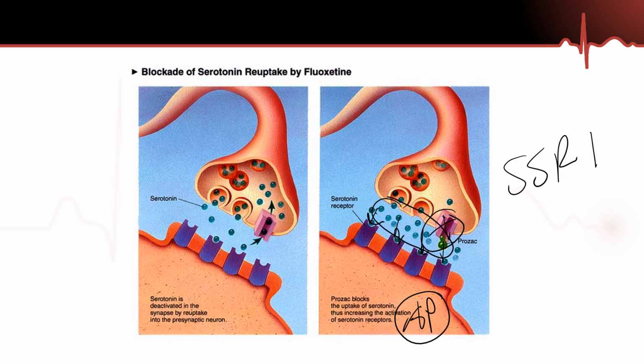But now this neuron sees this excess amount of serotonin as a bad thing, an excessive quantity of serotonin, and downregulates the number of receptors that it has for serotonin.